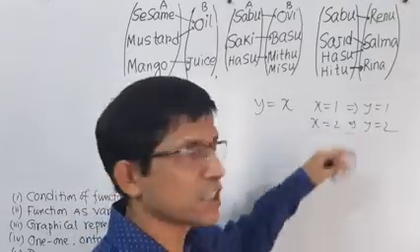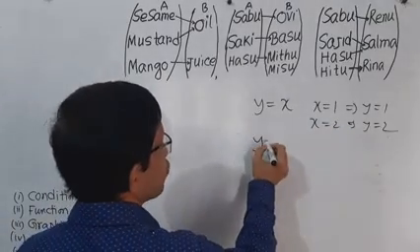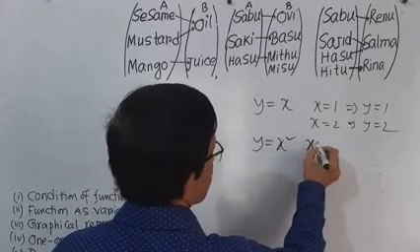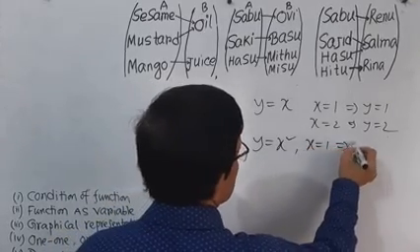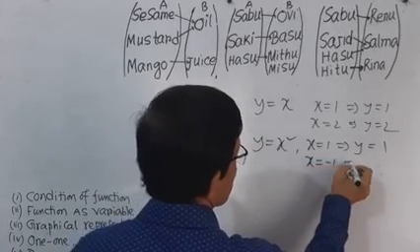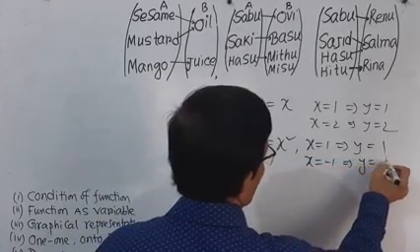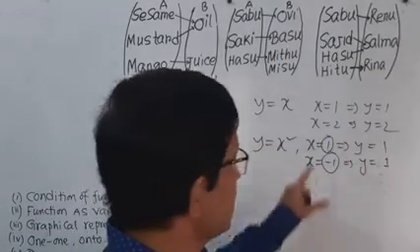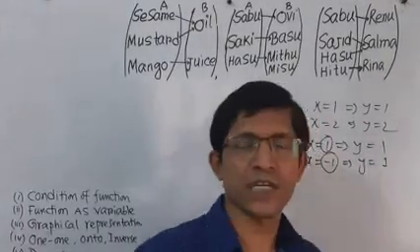So this is a one-one function. But here y equal to x square. Here if you put x equal to 1, then you will get y equal to 1. If you put x equal to minus 1, then you will get y equal to 1. Here different elements of the first set but the same element of the second set.